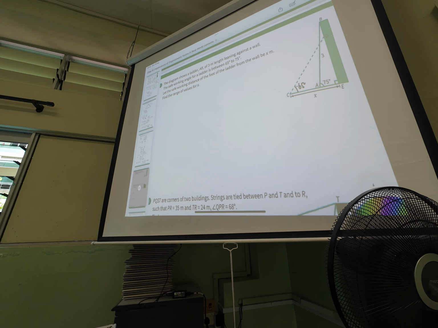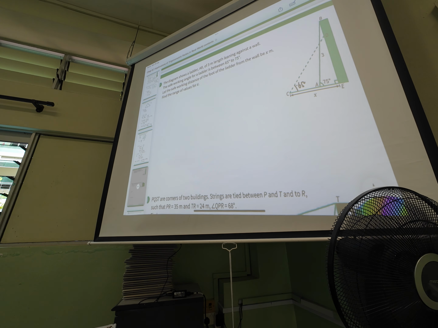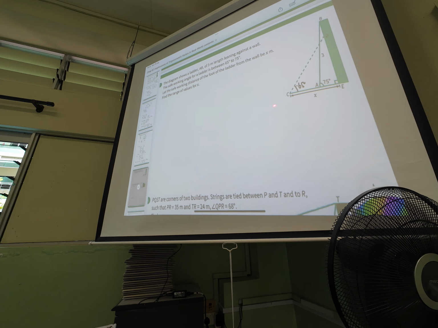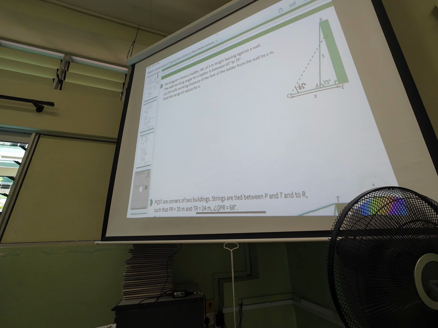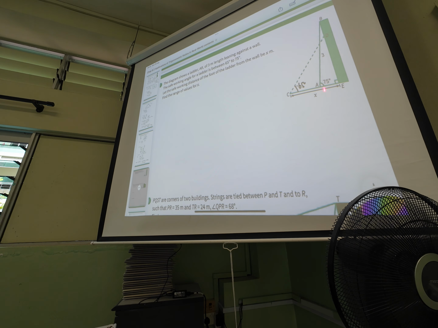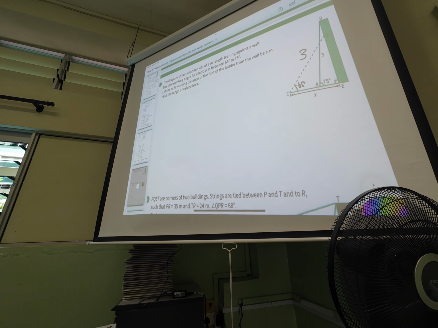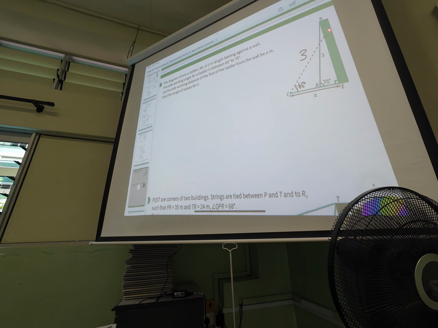Okay? Then the safe working distance of the foot of the ladder from the wall. So they want you to find this distance. Just now I told you the ladder starting is 3 meters. When it slides down, it is still 3 meters. Ladder no change. So actually they want you to use the shorter right angle triangle.